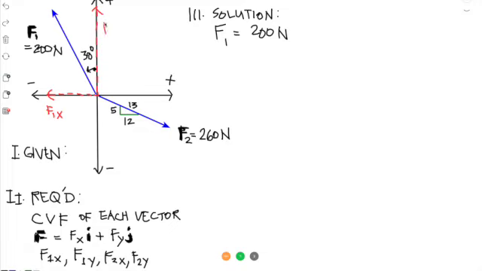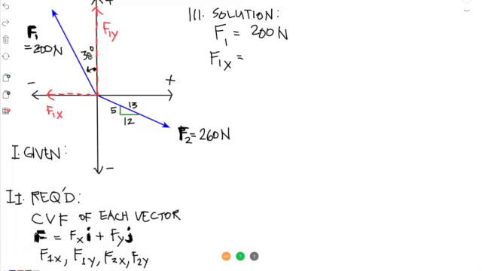So this is your f1y. Okay, so what does f1x look like?